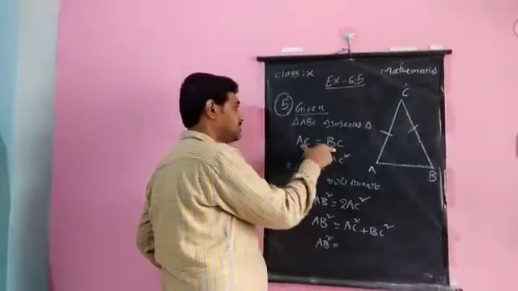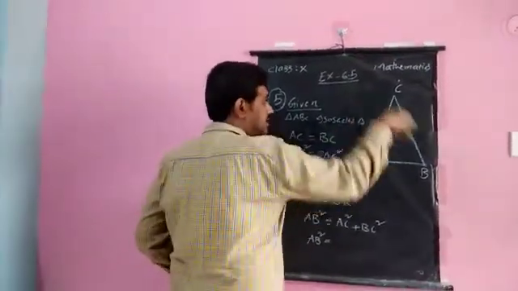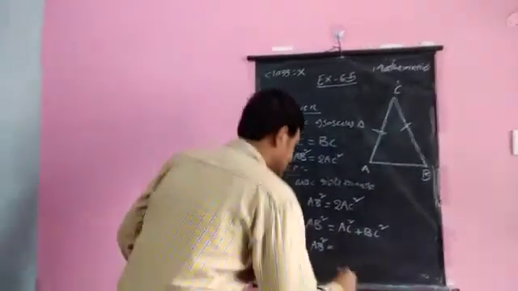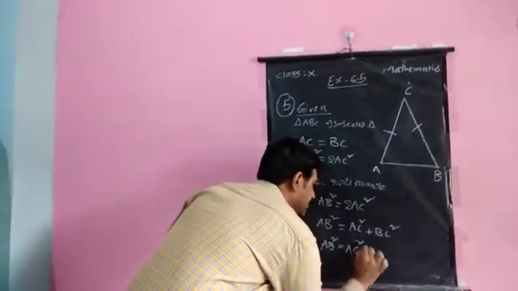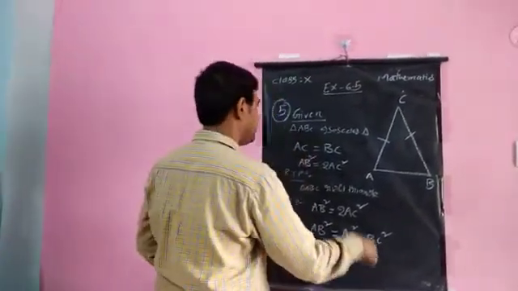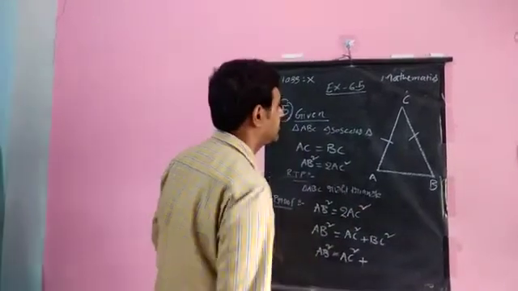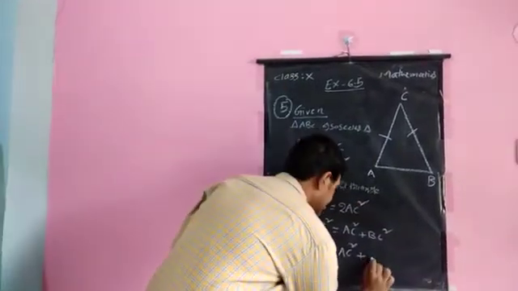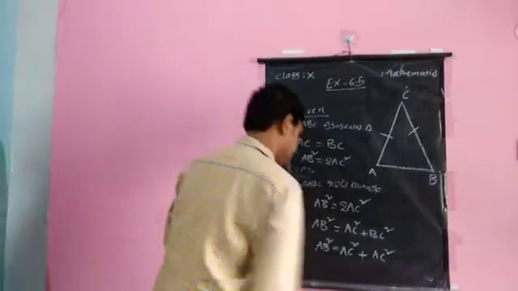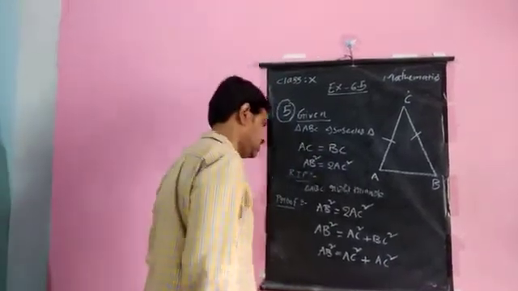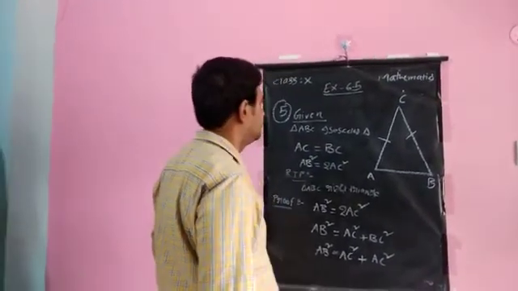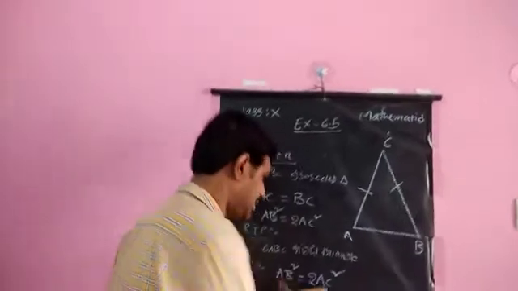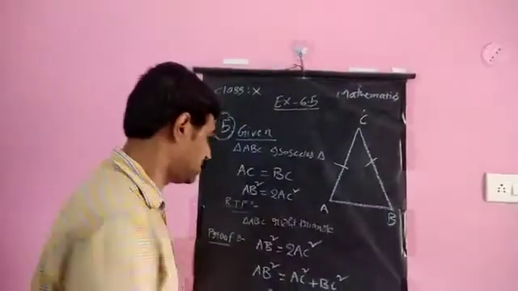So in place of this BC, I can write AC because these two sides are equal, which is given to us. If I put that in this expression, this BC will become AC, and I'll write this as again AC square. We get back again that AB square equals 2AC square, because I got it written here.